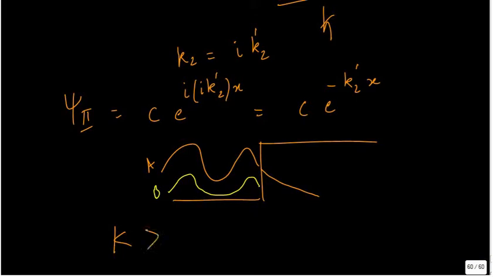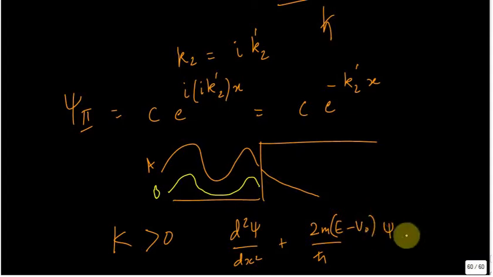So k greater than 0 gave you an equation that was, essentially, d squared psi by dx squared plus 2m (E minus V naught) by h cross squared psi equals 0.